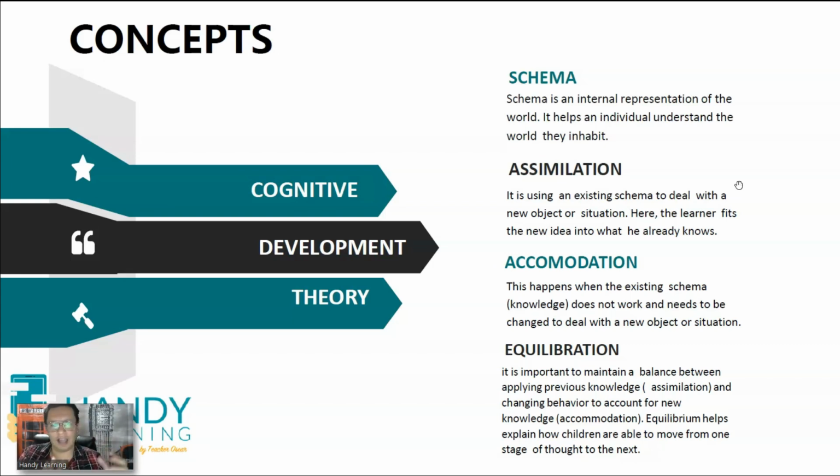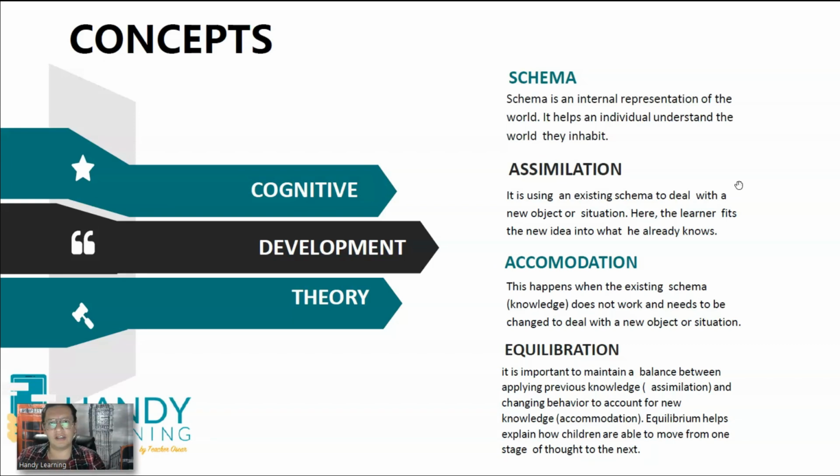So the gun has nothing to do with the sword, even though they are both weapons, but their image and their resemblance has nothing to do. So this is something new, and he has to accommodate the new knowledge into the previous knowledge and create more information. That is called accommodation.